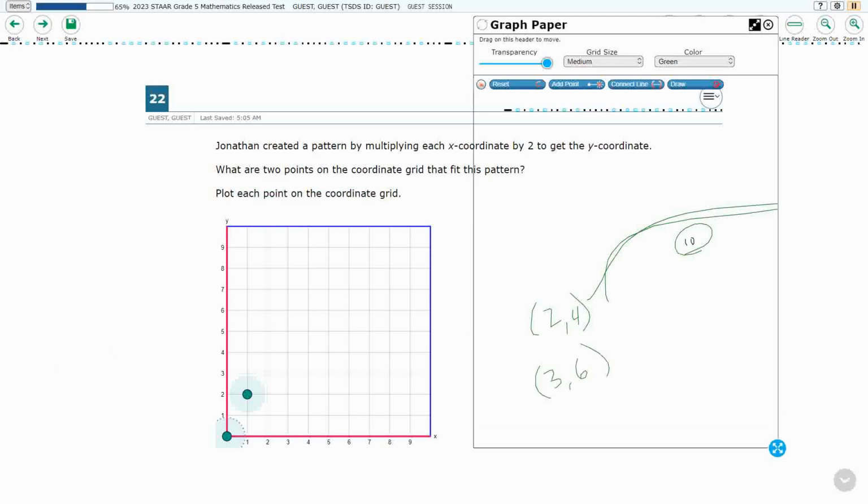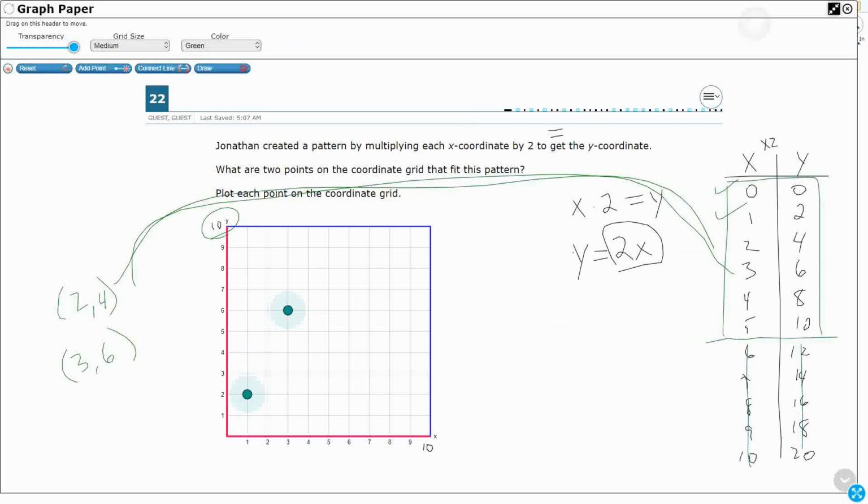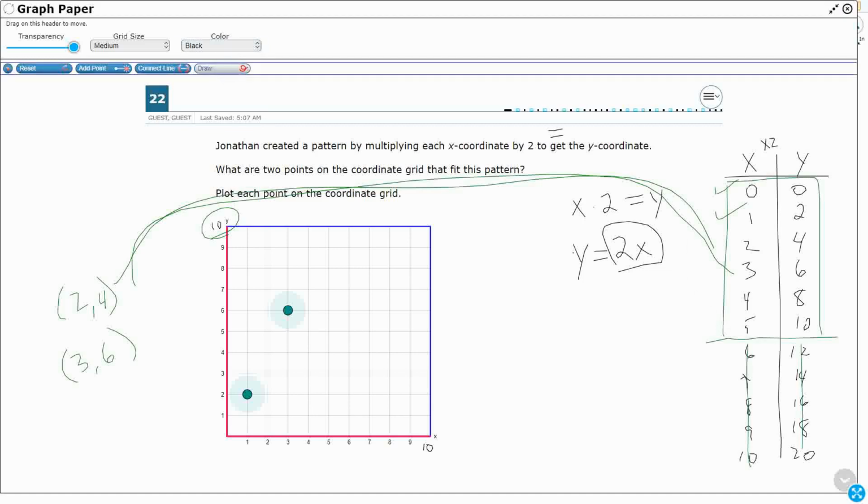So I could take this first one, move it to x of 2, y of 4, and move the second one to x of 3, y of 6. They don't have to be consecutive. You could skip like that, but any two coordinate pairs in this set right here is going to work.